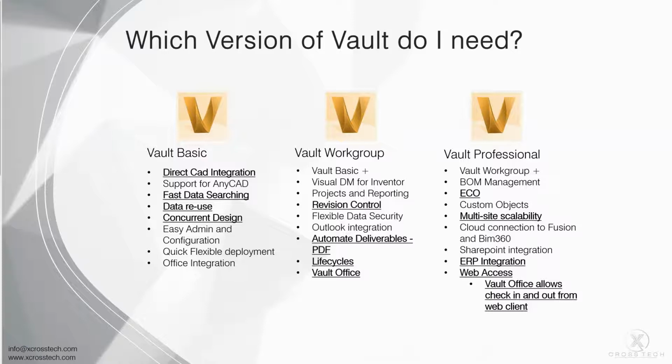Then you've got the ability to connect to the cloud, not as in a cloud hosting server, but your Fusion and your BIM 360. So that comes into Vault Professional. I will show that. I've got mine set up to my Fusion. You've then got SharePoint integration, ERP integration, and your web access comes into Vault Professional as well. So that's your thin client.